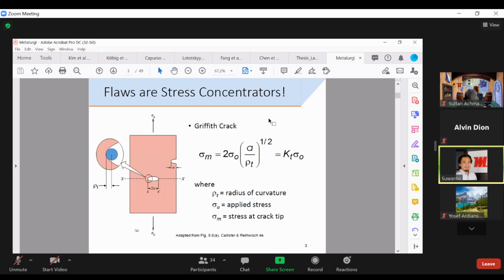For example, if the question is about a further 10 years, is it safe or not to run this equipment? This question can be answered when you know the state of the equipment, when you know that it is free from defects, or if it has a defect, you can calculate how far it can go. This is the way to do it with non-destructive testing.